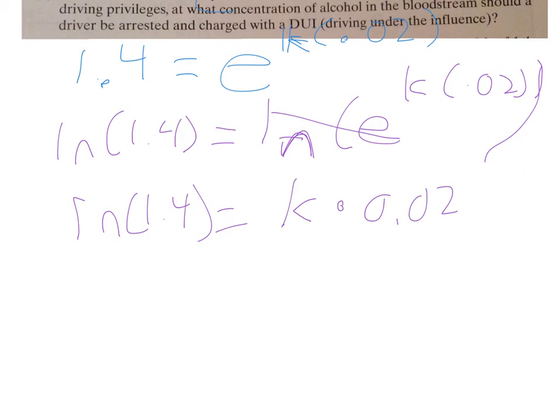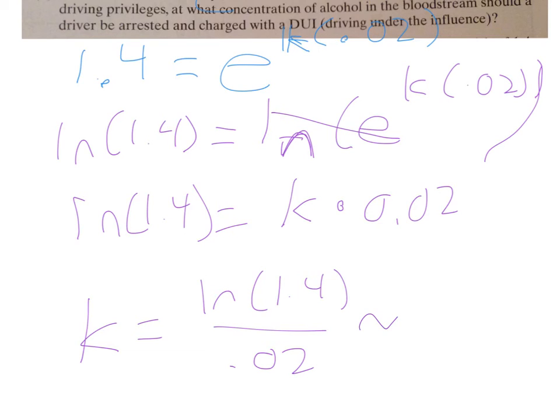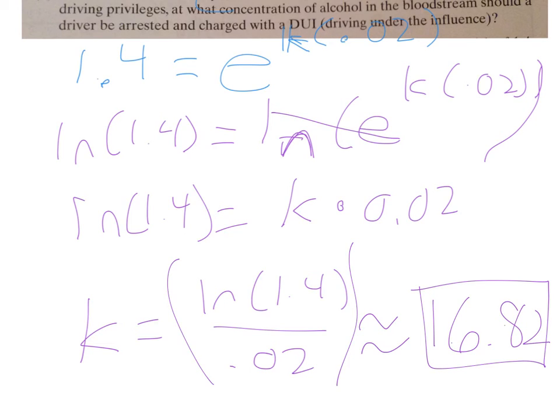So now if you divide by 0.02, you have your constant. Ln of 1.4 over 0.02, which is approximately 16.82. This is a lot easier to plug into our formula than this fraction, so we're going to use this, even though this is the more exact answer.